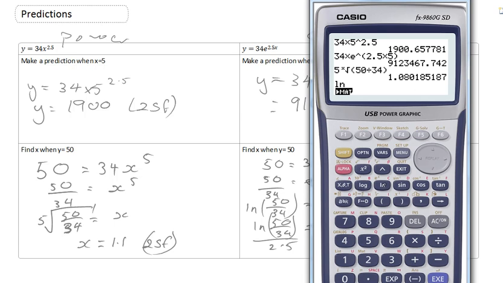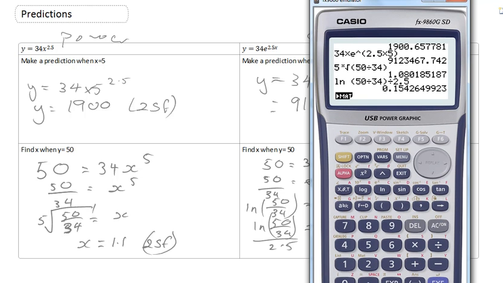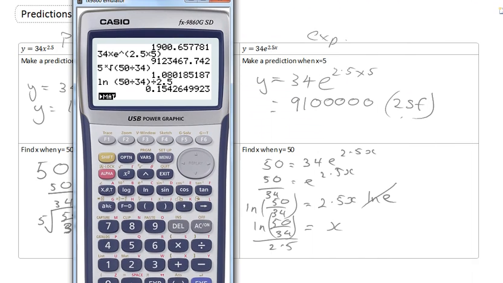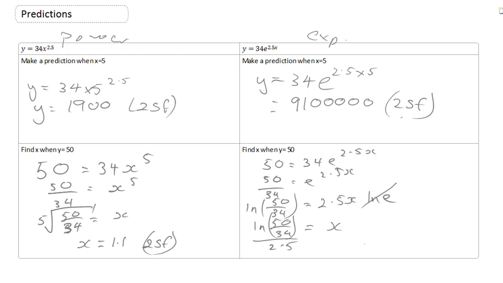So I've got ln open bracket 50 divided by 34 close bracket, and then I'm going to divide the whole of that by 2.5, which gives me a value of x as 0.15 to two significant figures. There you go, that's my predictions. Hope that makes sense.